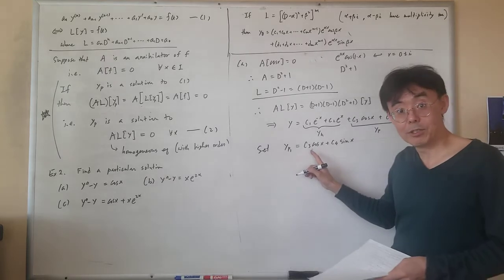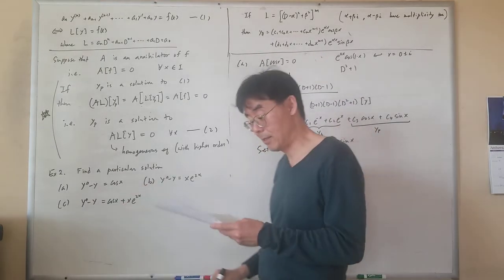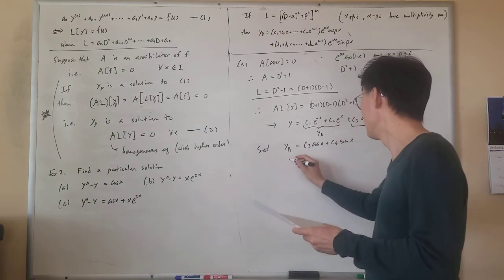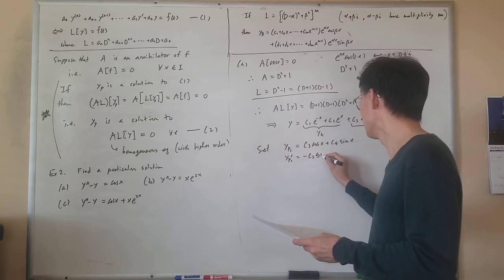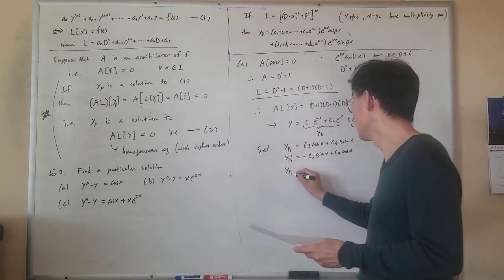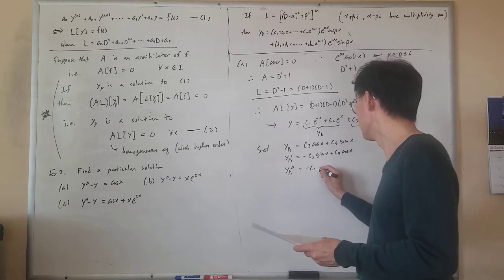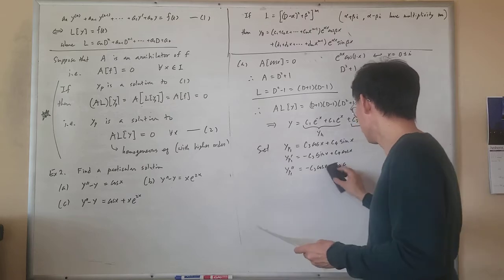Now, we have to determine c3 and c4 by plugging in here. Okay? So yp1 prime is minus c3 sine of x plus c4 cosine of x, yp1 double prime is minus c3 cosine of x minus c4 sine of x.